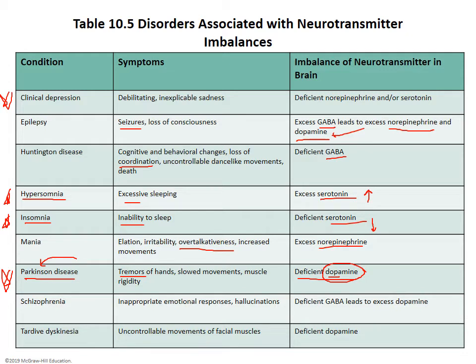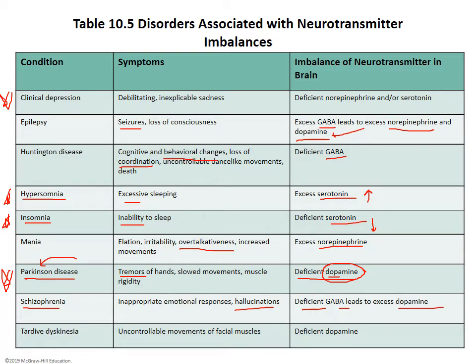The next one coming through, schizophrenia. It is basically hallucinations. It says inappropriate emotional response. You're just kind of all over the place. You've got an excess of dopamine and a deficiency of GABA, which again, when we're sitting here and we look at some of these, we have another one that has a deficiency of GABA called Huntington, which is a loss of coordination and behavioral changes.